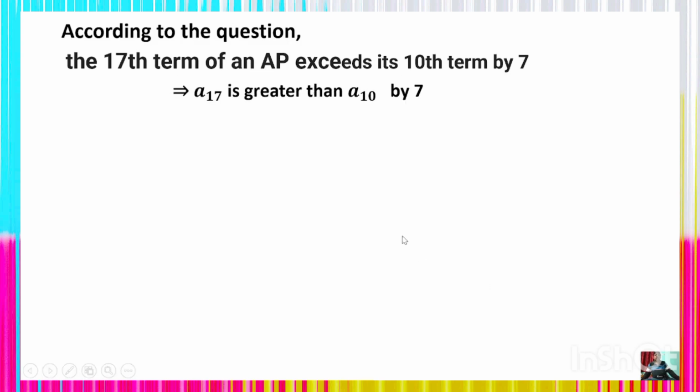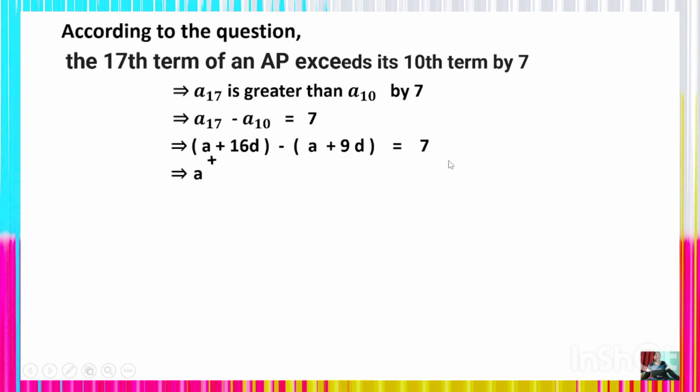It means a17 is greater than a10 by 7, so a17 minus a10 is equal to 7. In place of a17, we write a plus 16d, and in place of a10, we write a plus 9d. Thus, (a plus 16d) minus (a plus 9d) is equal to 7. After removing the bracket, you will get a plus 16d minus a minus 9d is equal to 7.